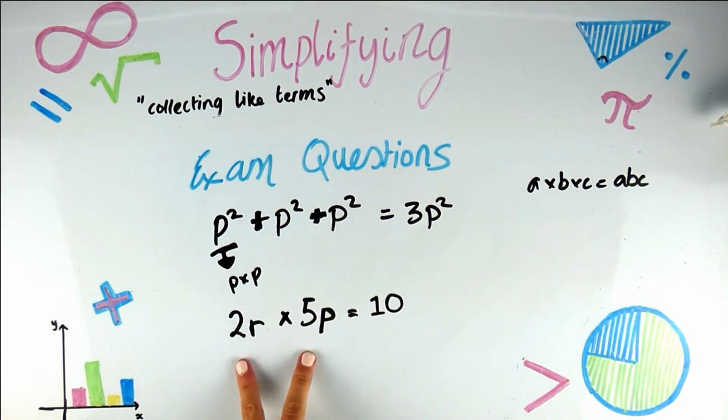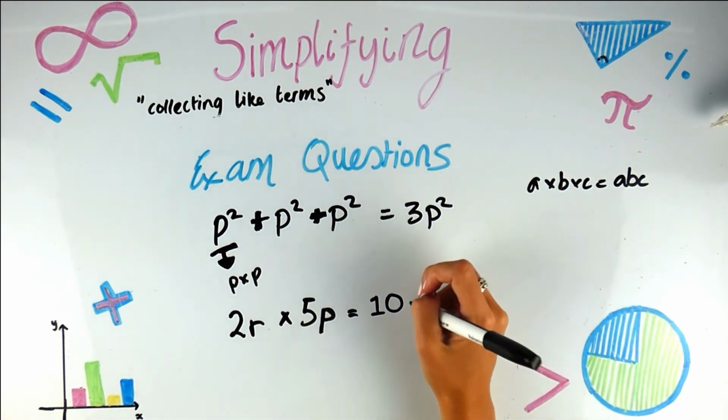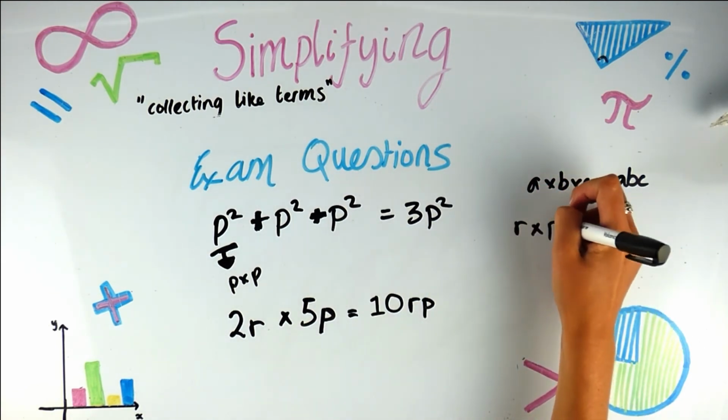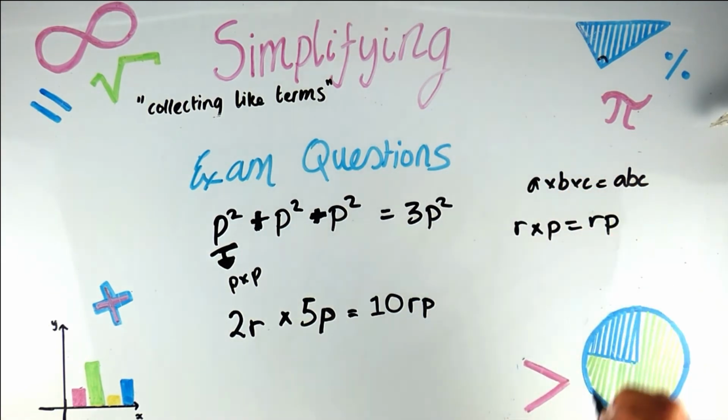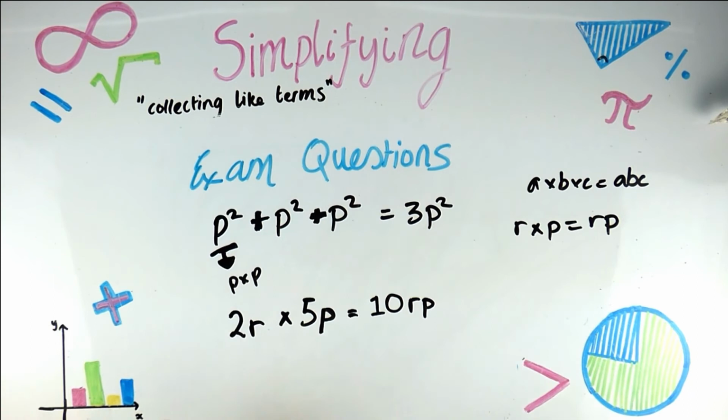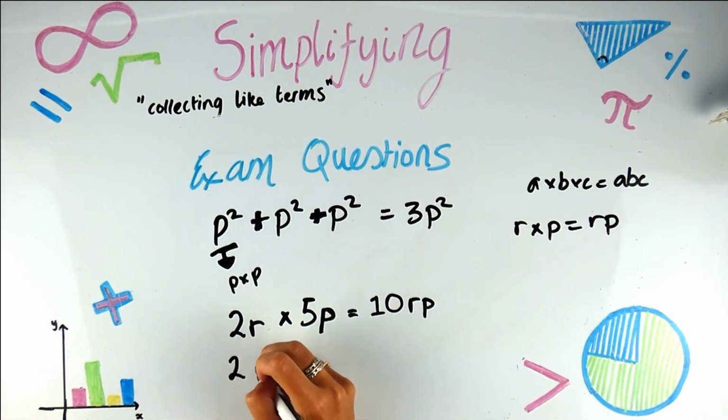So we know that that is 10, and we know that we can just put 2 letters together. So we've got RP, because R times P is RP. Okay, I hope that makes sense. Numbers, they just follow what you've always known, so don't let it throw you off. And letters, if there's a times in the middle, just put them together, it's just not needed. Don't need to write it there, and we don't like to faff around.